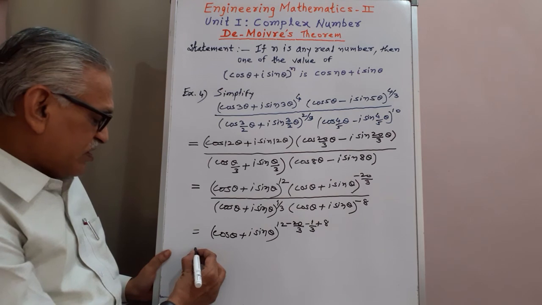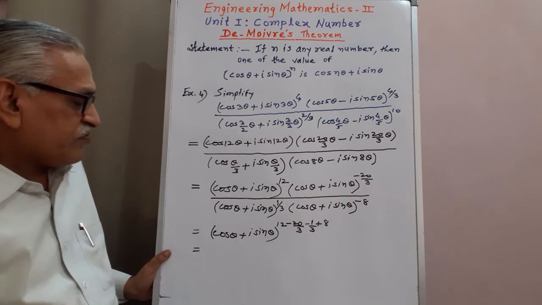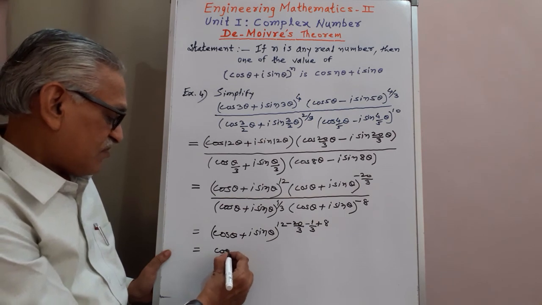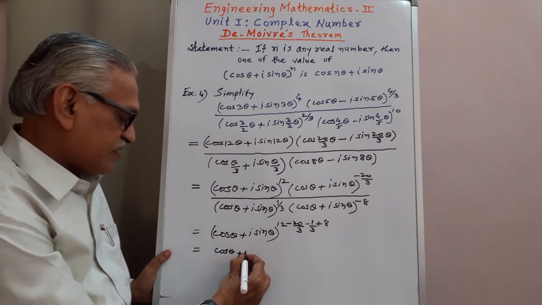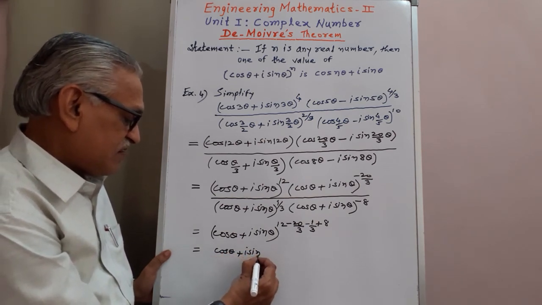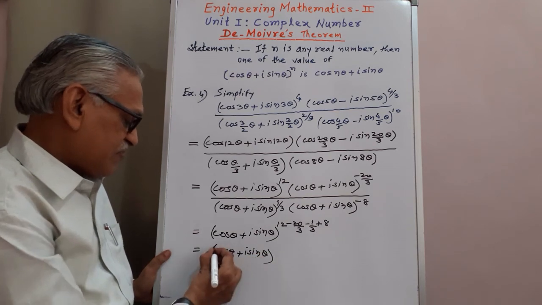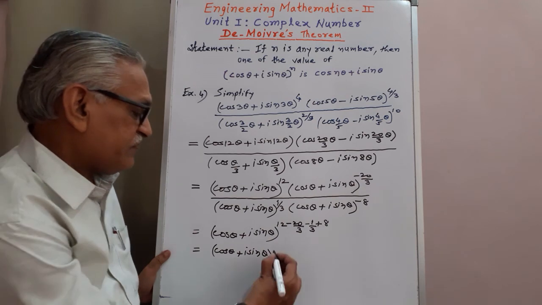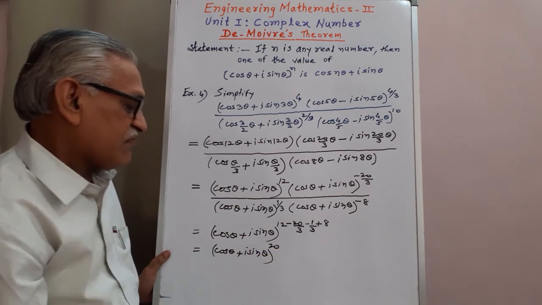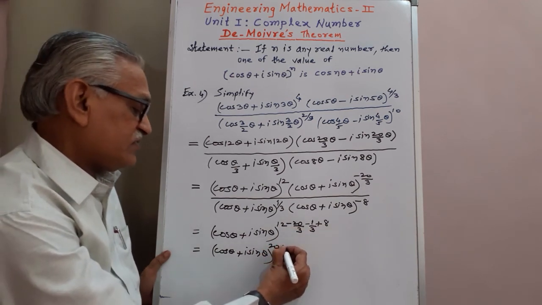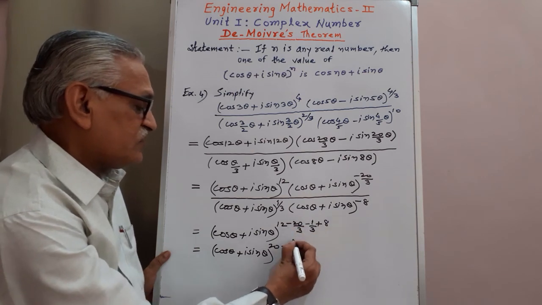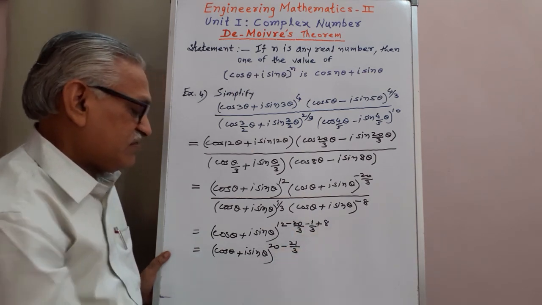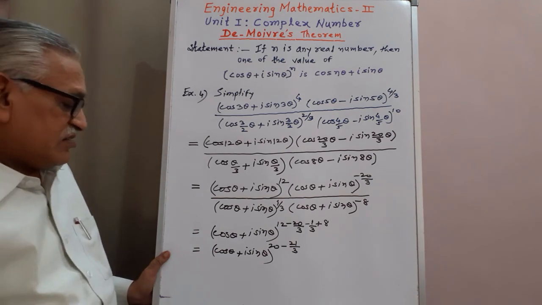Therefore it is equal to (cos θ + i sin θ) raised to 12 + 8, which is 20, minus 21/3.